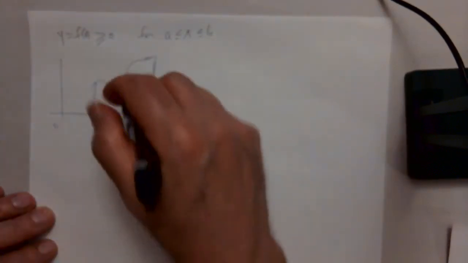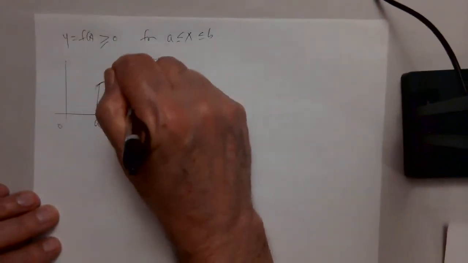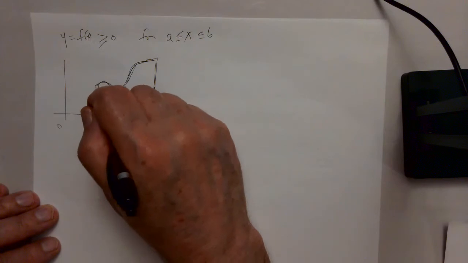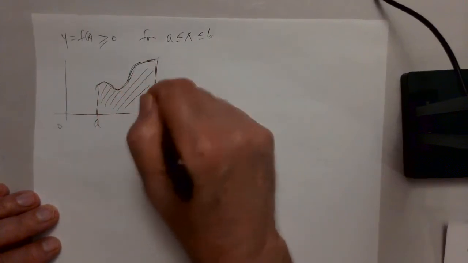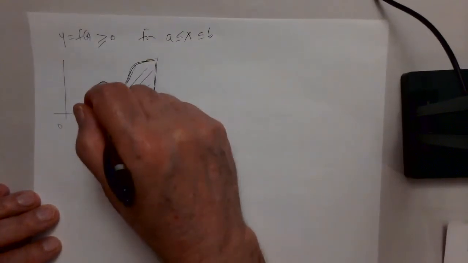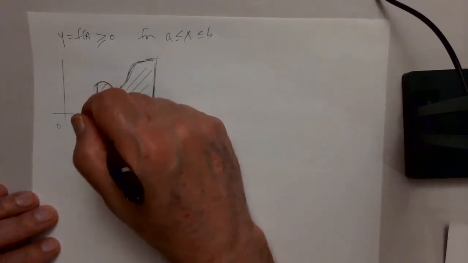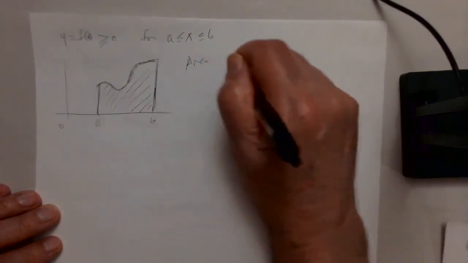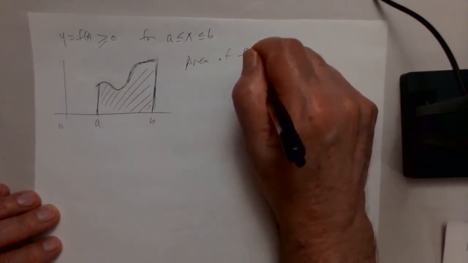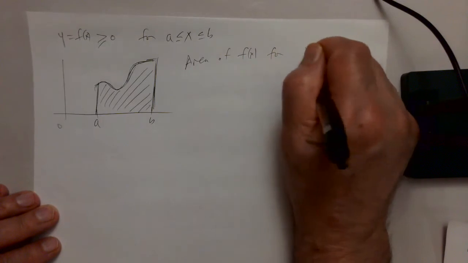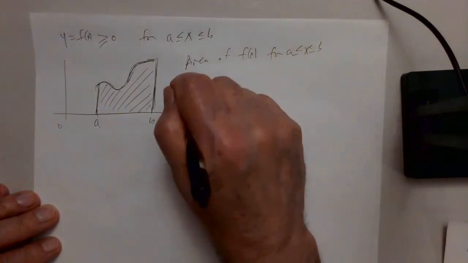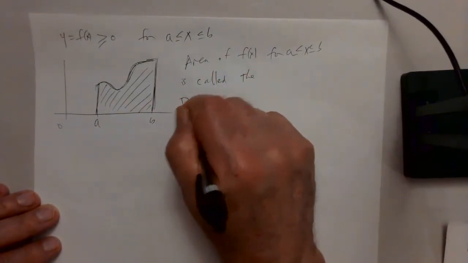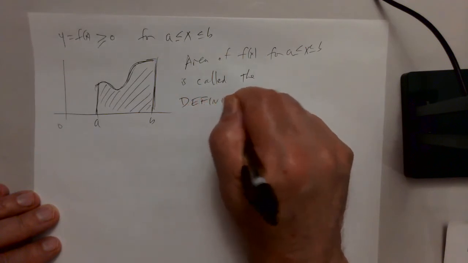And because the function is non-negative, this graph is above the x-axis, and it's reasonable to ask, what is the area under the curve above the x-axis and bounded on the left by the line x equal a and the right by the line x equal b? So the area under the curve of f of x for x between a and b, well, another name for it is the definite integral.